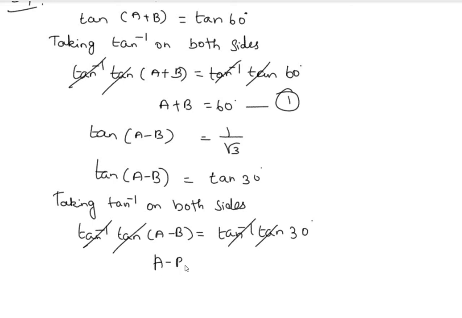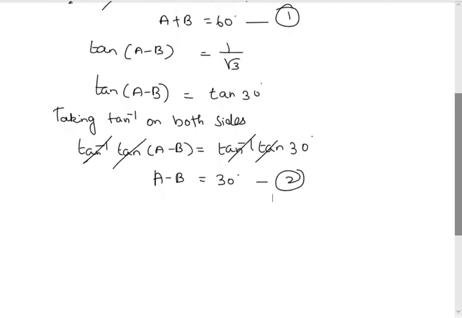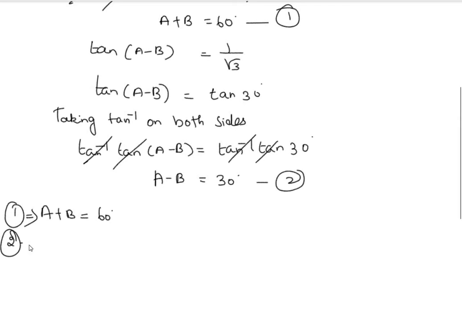So the remaining is A minus B is equal to 30 degree. This is my second equation. Now I'm going to solve this first and second equation by elimination method. So A plus B is equal to 60 degree, this is my first equation. Second equation is A minus B is equal to 30 degree.